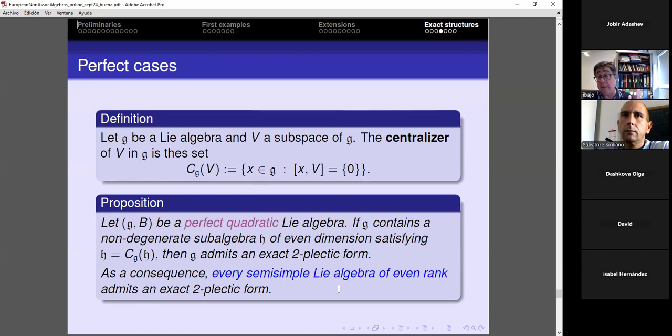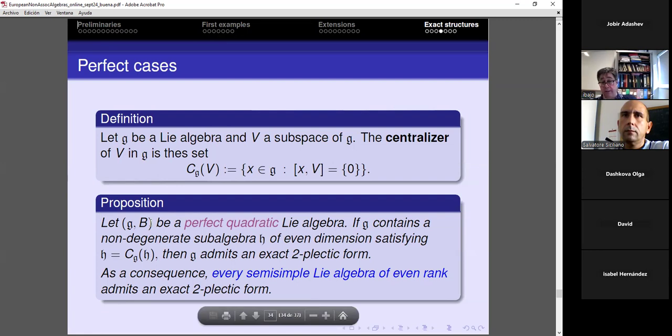We can see that there are also many examples in perfect cases. So we saw that in the nilpotent cases, at least in many two-step nilpotent cases, we found these structures. But there are some cases which are perfect, and we can also find this. So just to recall the definition of the centralizer of a subspace V in a Lie algebra: it is just the elements of the Lie algebra that have bracket 0 with all the elements of V, right?